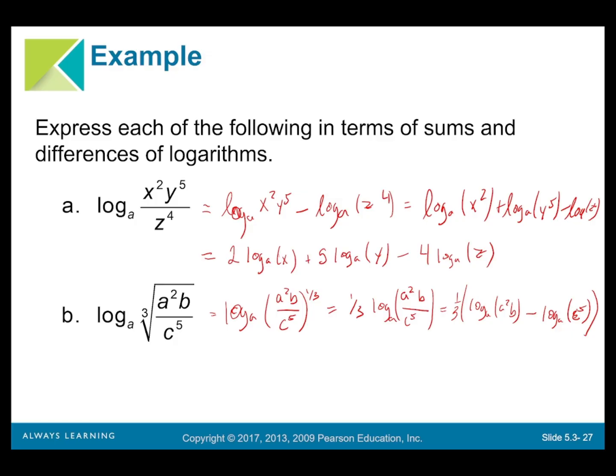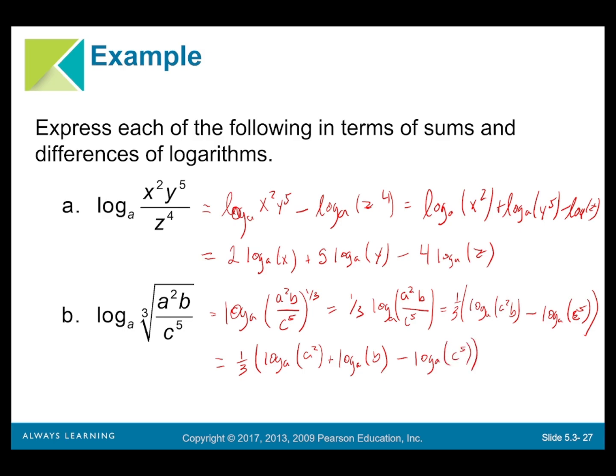That 1/3 was on the exponent for all the terms. So we want to have parentheses here. Now going one more step, we have 1/3 log a of, breaking up the a and b, a squared, plus log a of b, minus log a of c to the 5.